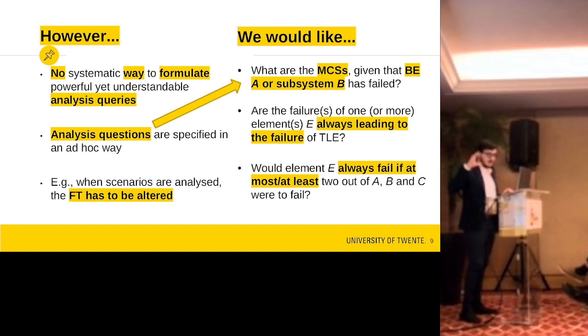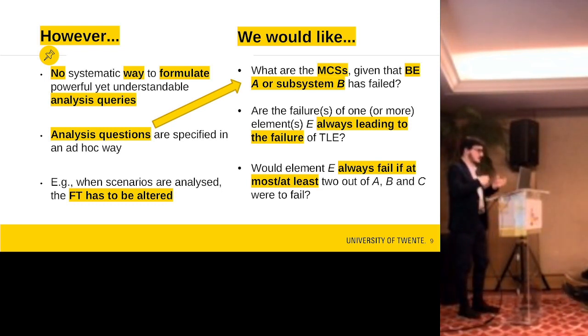We would like something like that, right? So we can ask questions conditioned by certain assumptions. For example, what are the minimal cut sets of a given tree, assuming that a certain leaf or a certain subsystem has already failed, or that a certain subsystem is remaining operational because we guarantee it in some other way.